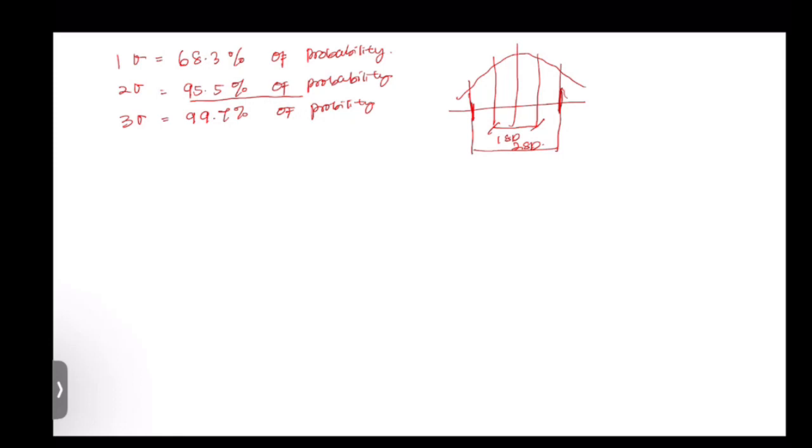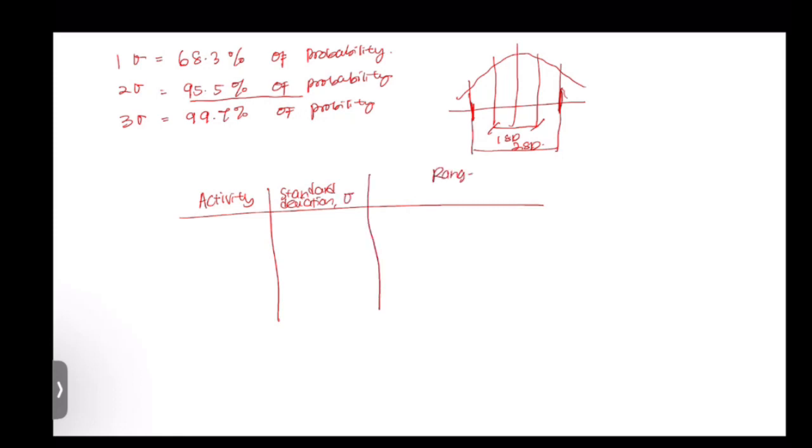So how to calculate the range, the lower range and upper range of durations. Okay, we know that our standard deviation, so this is activity, standard deviation, which is ours, and then we get the range, lower range and upper range.